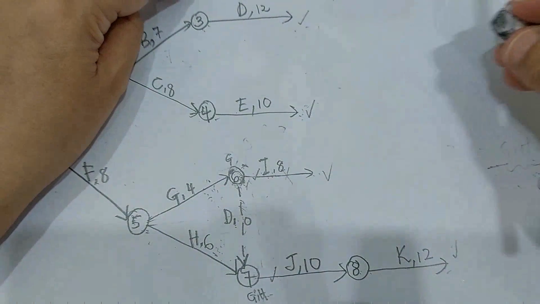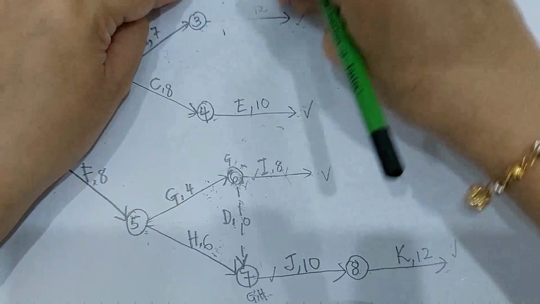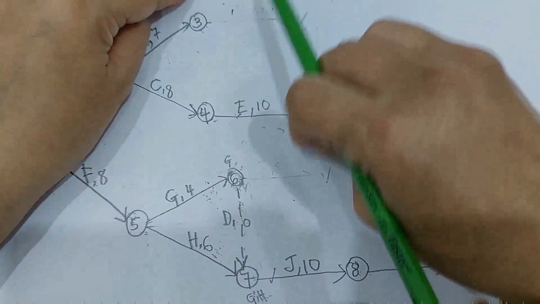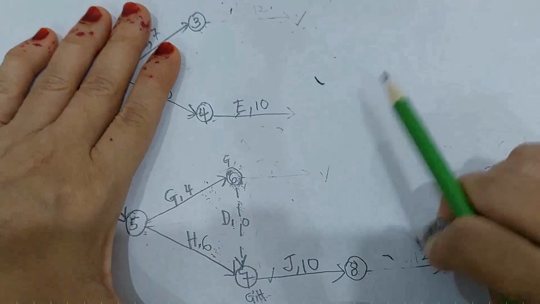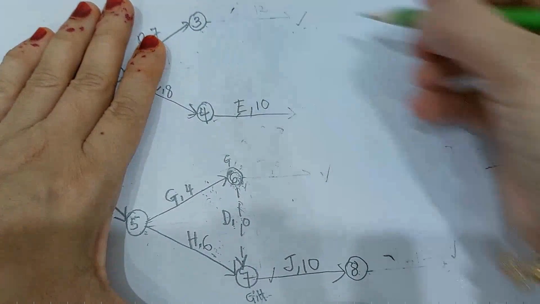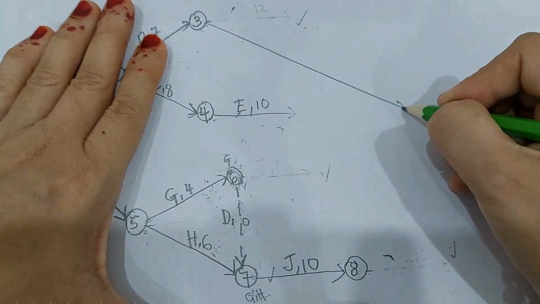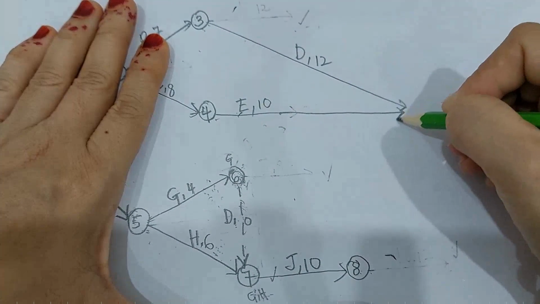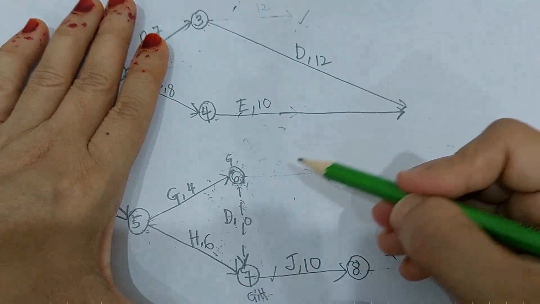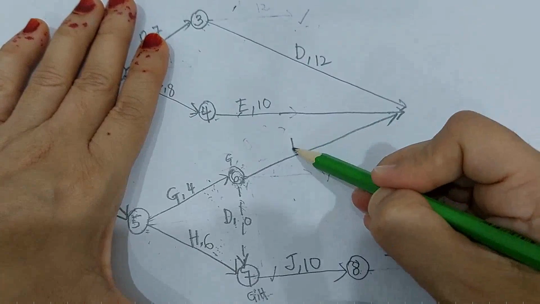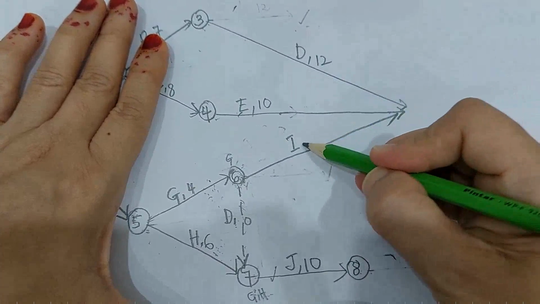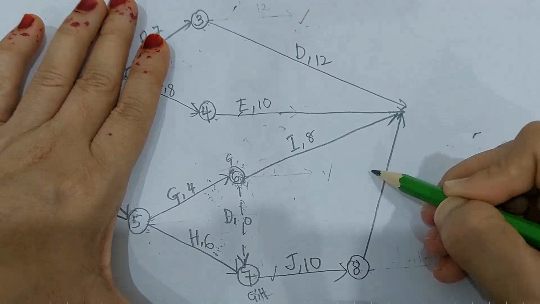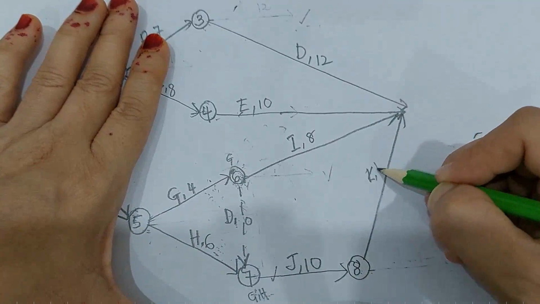So we have to combine all this. So now what we should do is we redraw D, padam lagi, I, okay, E maybe, and also K. So we draw E, no, D, D time is 12, going up here, and we extend E a little bit, and our I going over here, I 8 weeks, and our K just now we bring to connect with all.